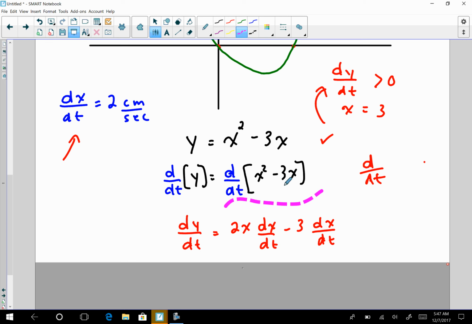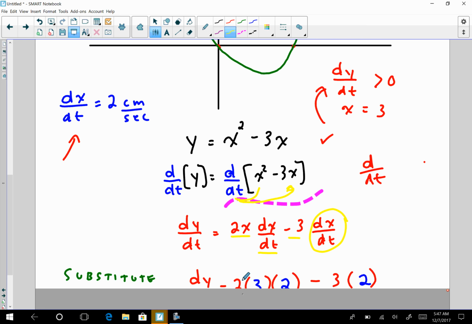If I differentiate negative 3x with respect to t, I get negative 3 with the dx/dt tagged on the end. To review, I d/dt this piece x squared, and that derivative is 2x with the dx/dt tagged on the end.